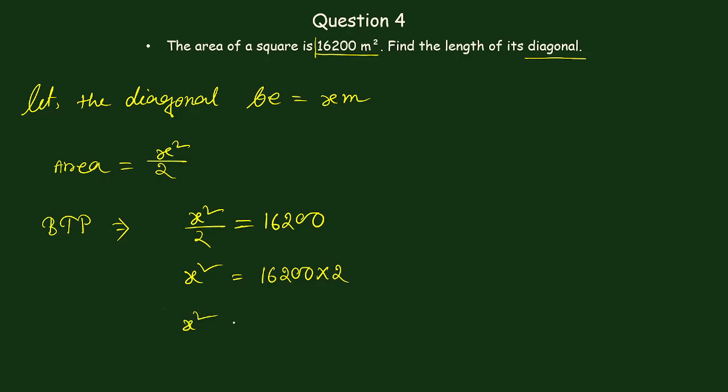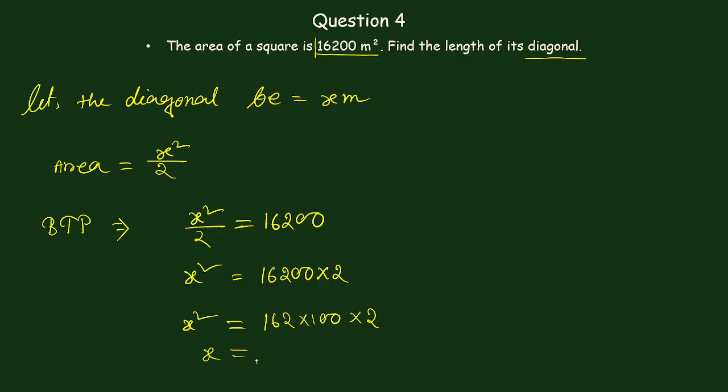So x square equals 16,200. Can we write 16,200 as 162 into 100, and into 2 is there?